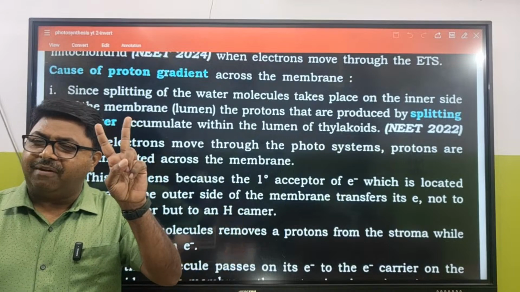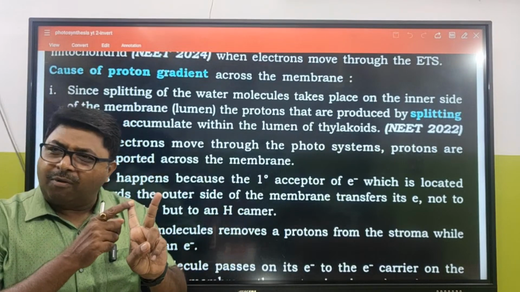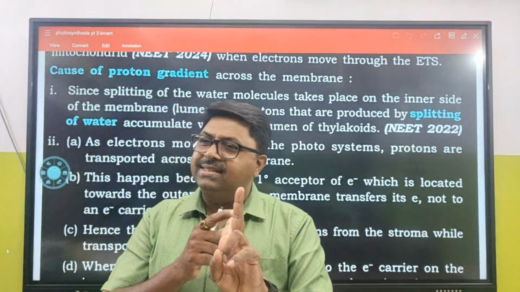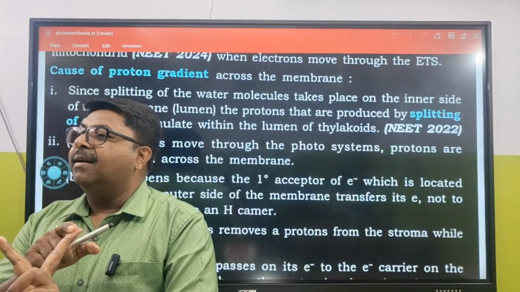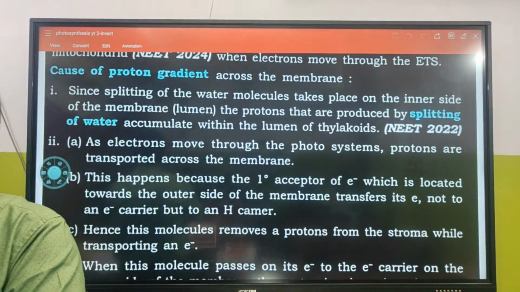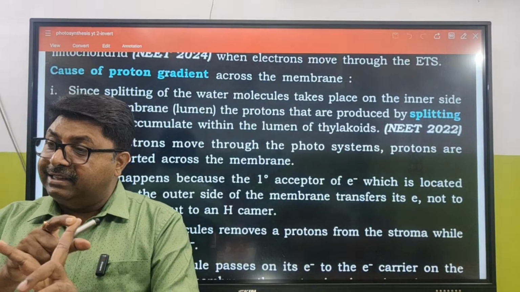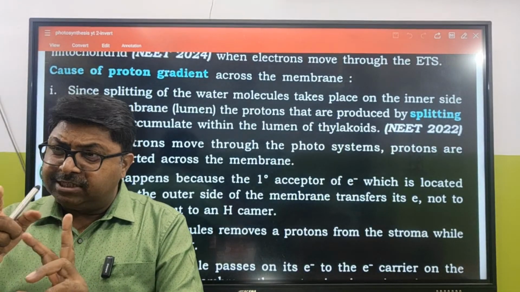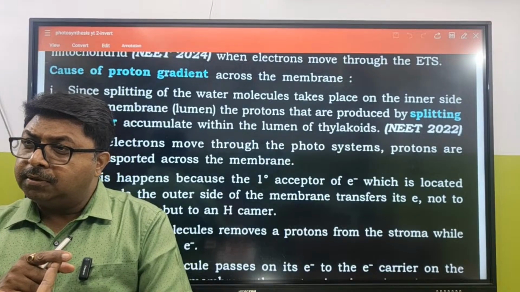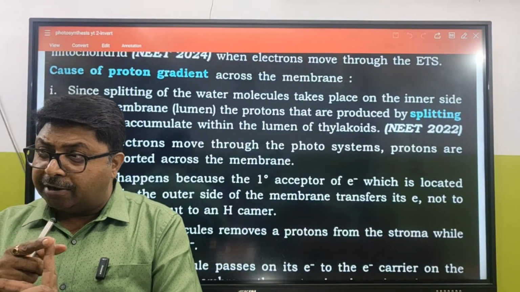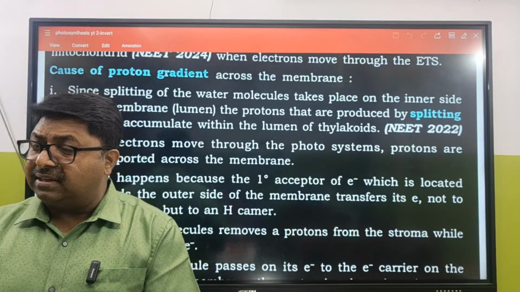So two reasons we have talked about now. After splitting of water, the H plus ion concentration increases. Second, the electron which comes out from photosystem 1 is absorbed by plastoquinone, and this plastoquinone is reduced, and this reduced hydrogen helps in the increase in the gradient.